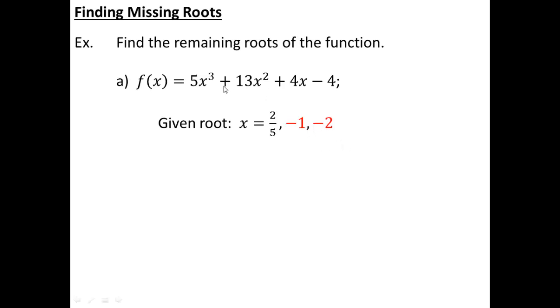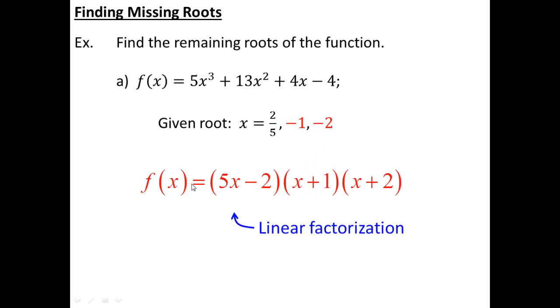Linear factorization is just writing out the polynomial in its fully factored form. Well, if these are the solutions, then its fully factored form could look something like this. Remember, -2 comes from this factor, -1 comes from that factor, and 2/5 could either come from x minus 2/5 or 5x minus 2, I think is a bit prettier. So just in case you stumble upon this type of question, this is what it's asking you for.